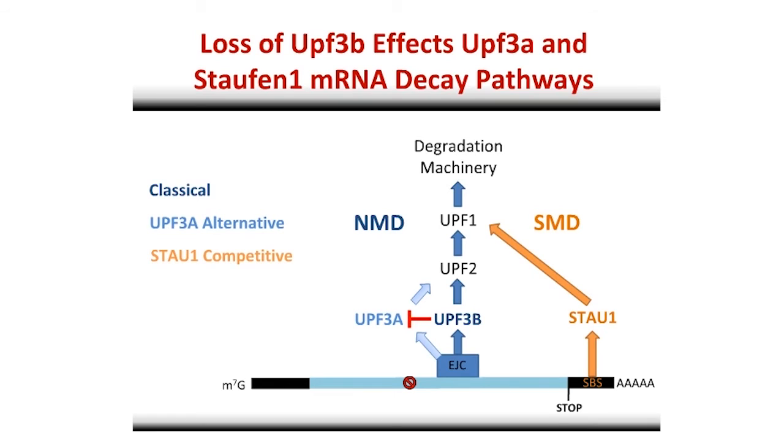So as I mentioned, the data here certainly suggests that one of the normal functions of UPF3B is to suppress the alternative NMD pathway that utilises UPF3A, and perhaps also in these particular cell types to inhibit Staufen-1 mediated mRNA decay.